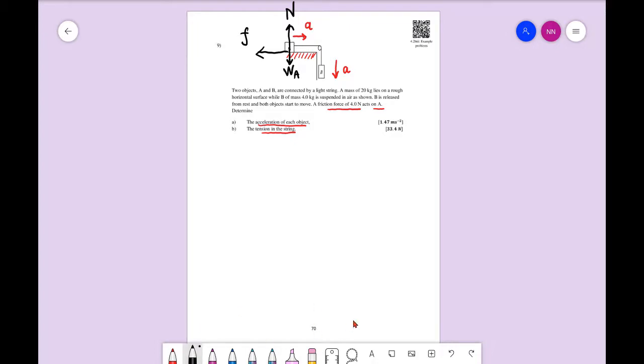Object A is connected with string, so it has tension away from object A. How about object B?